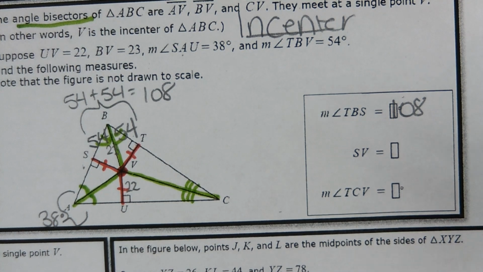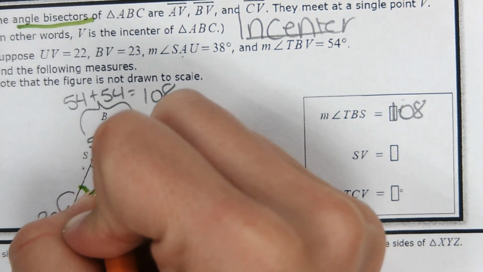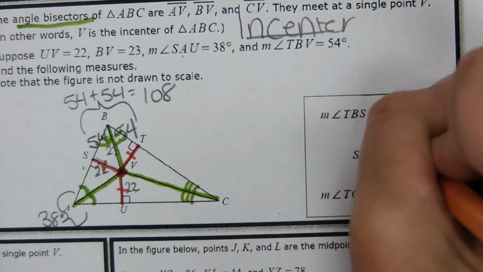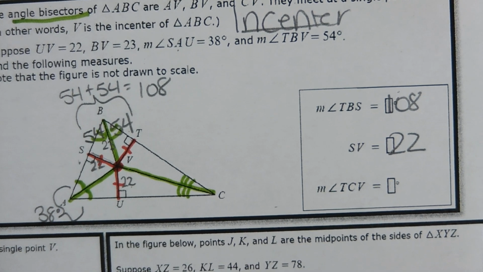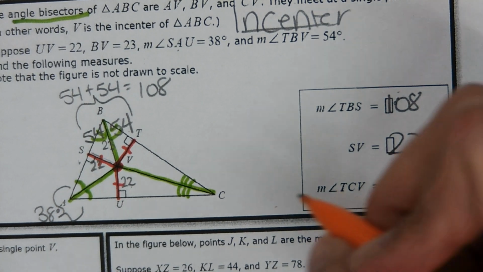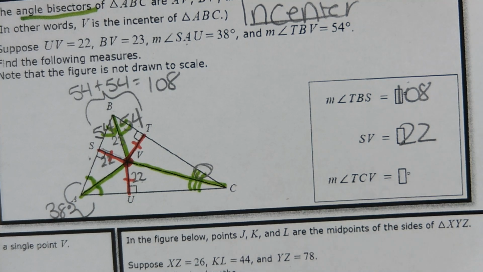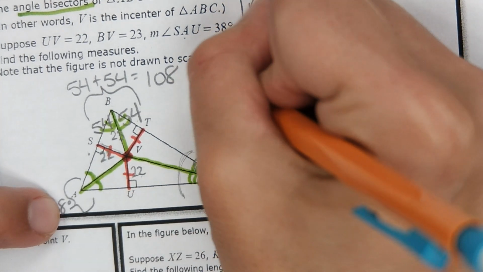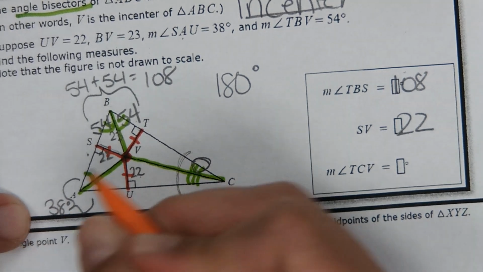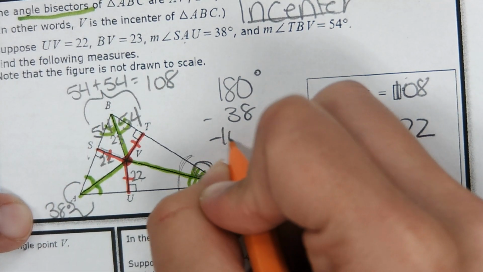Then for the length of SV right here, if this is 22, then this is 22 because all the red lines are the same length, so this would be 22. And then for TCV, it wants just this part of that angle. Well, we could figure out this whole thing by doing 180 degrees minus 38 minus 108 for this angle.